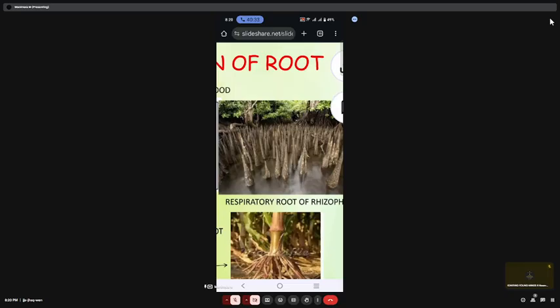What is a respiratory root? Can any one of you define it? Where will it live?